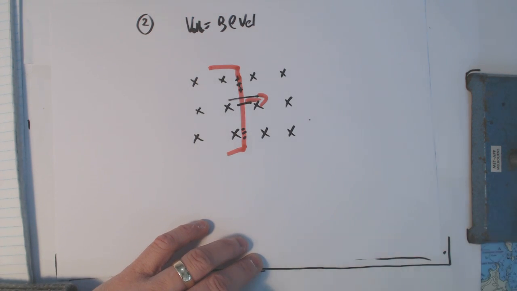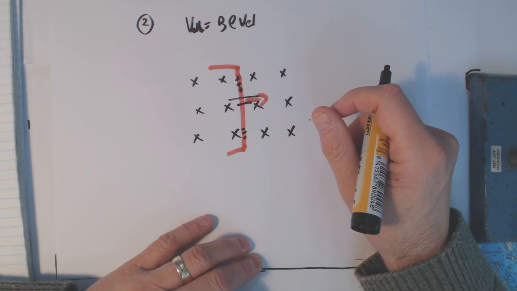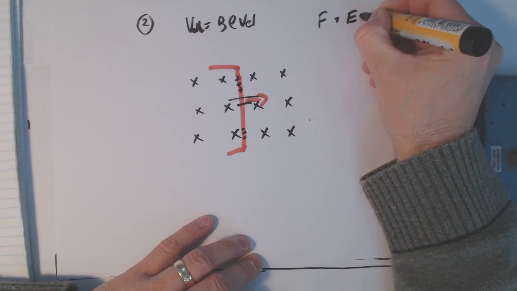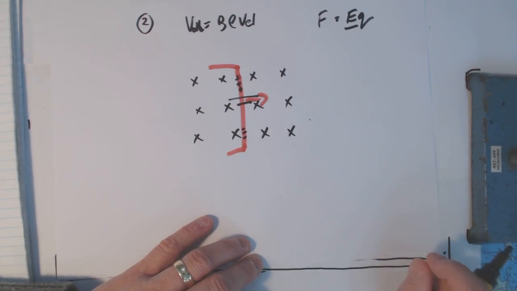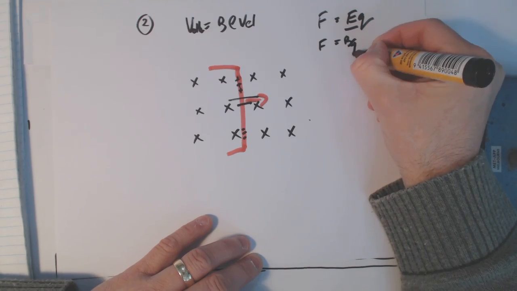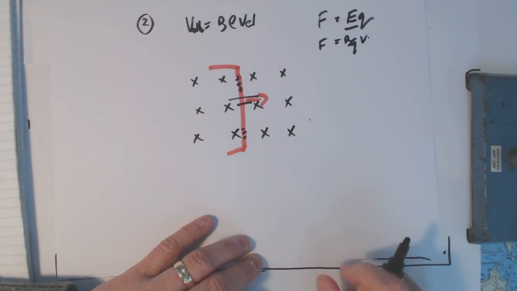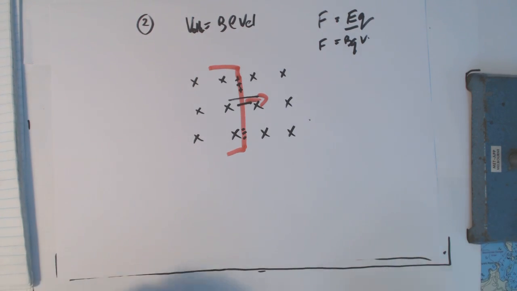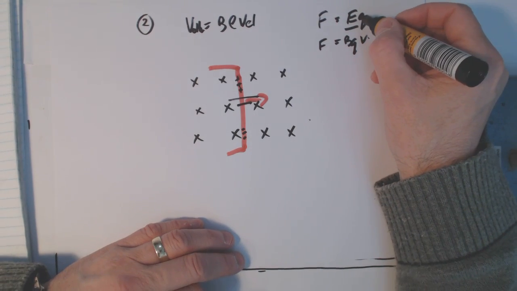What actually stops it is the electrical force. Remember, F equals EQ, E being the electric field. So you've got a magnetic force, F equals BQV, pushing these positives up, or the negatives down. But as they pile up, they repel each other, and that's an electrostatic force.